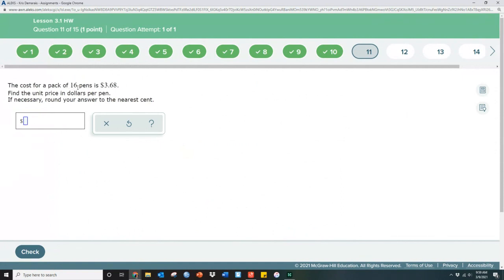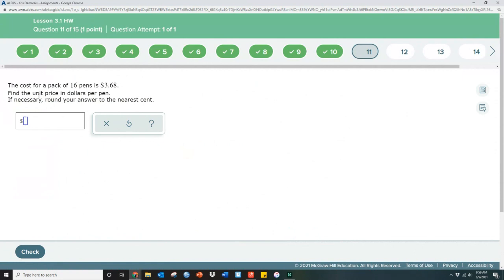Now the cost of a pack of 16 pens is $3.68. Find the unit price. The way to find unit price is by taking $3.68 for 16 pens. We want to know the cost per pen, because this is for 16 pens.